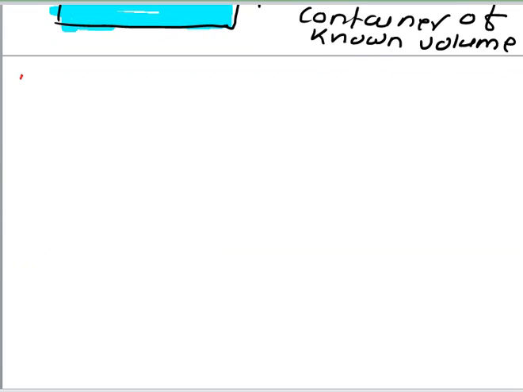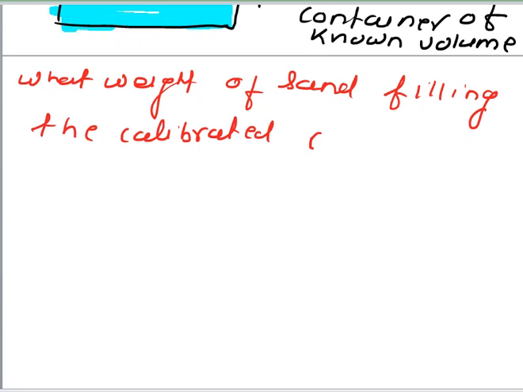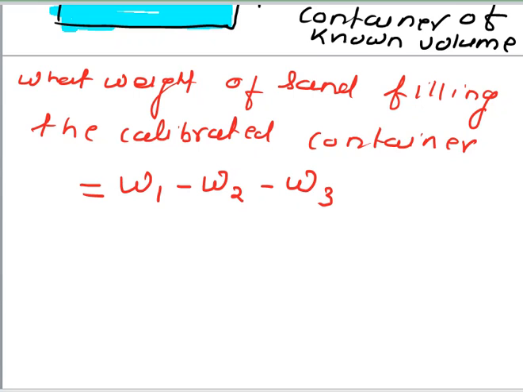So what is the weight of sand filling the calibrated container? It will be W1 minus W2 minus W3.